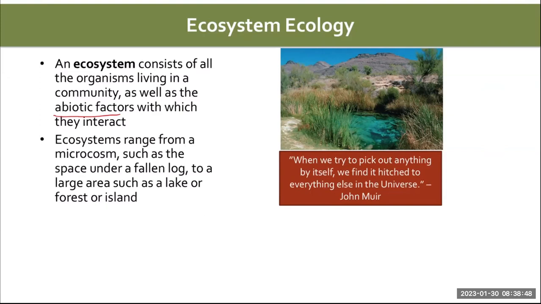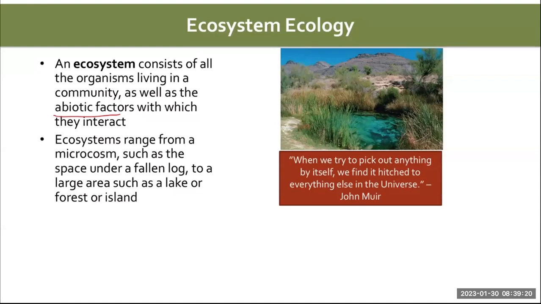Something to keep in mind, especially when we're considering ecology in this way of increasing scale, ecosystems are not necessarily defined by a larger size. An ecosystem can be a range of shapes, a range of sizes. One single simple tide pool qualifies as an ecosystem. An entire desert, like the Mojave Desert, qualifies as an ecosystem.